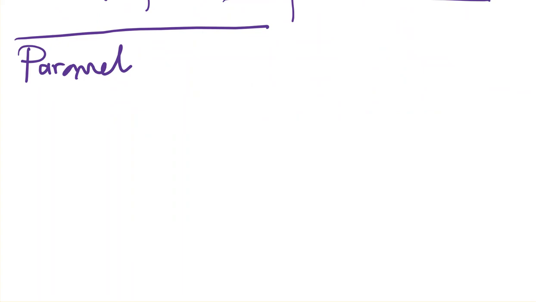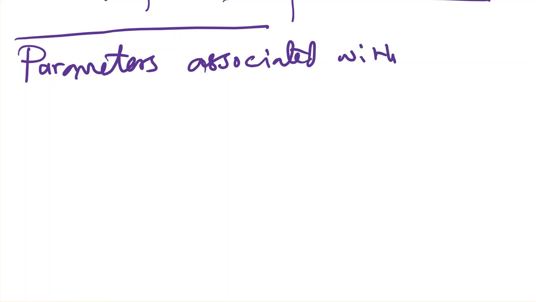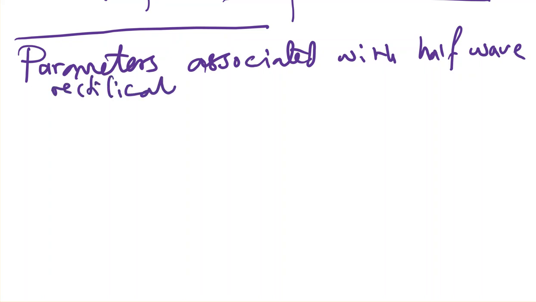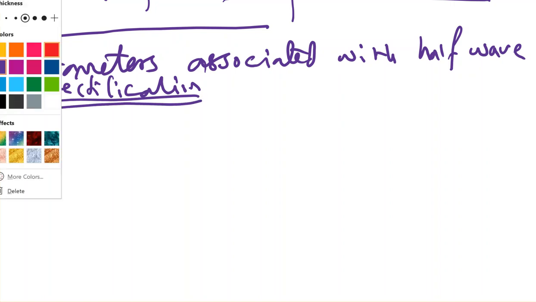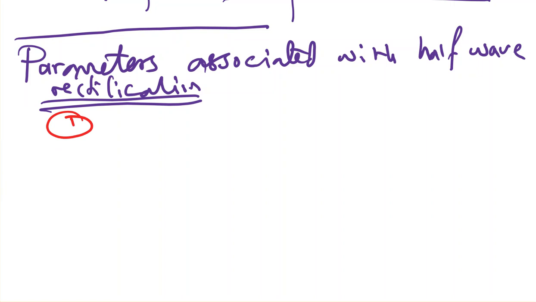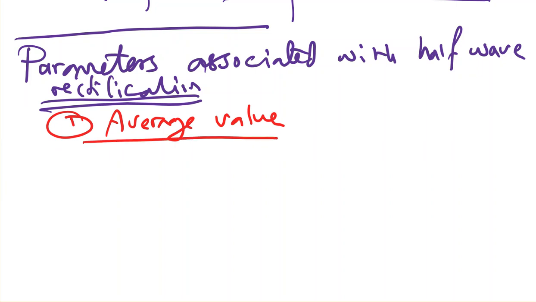So if I would like to start with the parameters associated with half-wave rectification, as I said, the first one is the average value. So what is the average value?